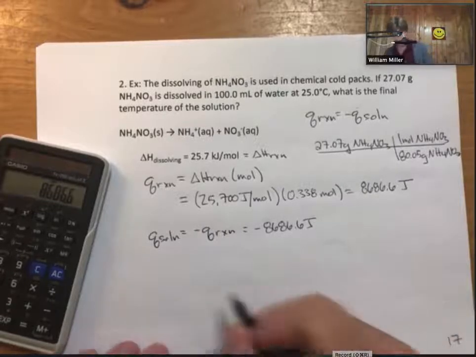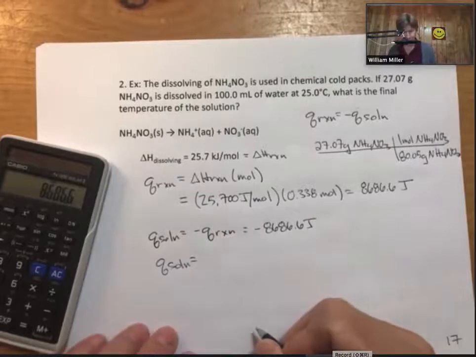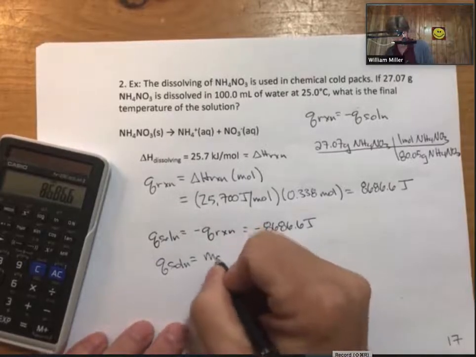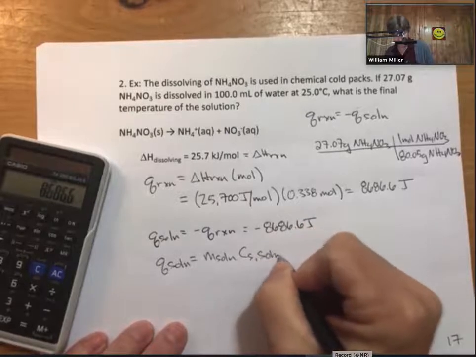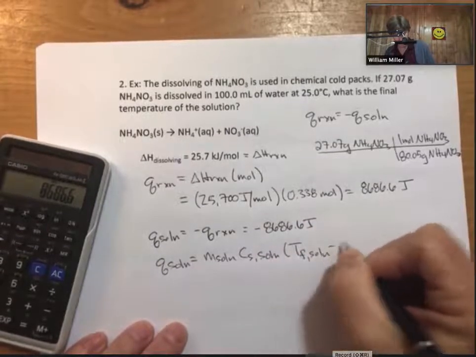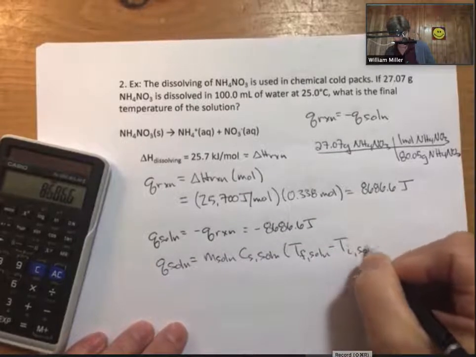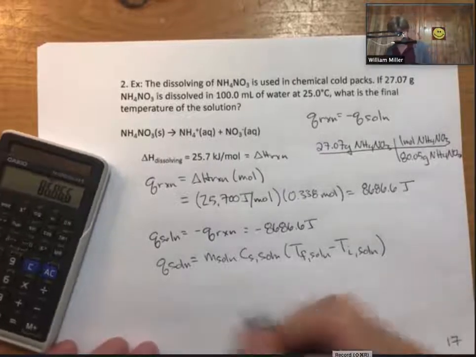Now, Q solution is going to equal mass of solution, specific heat of solution, times, and this time, T final minus T initial of my solution. Let's plug everything in we know.